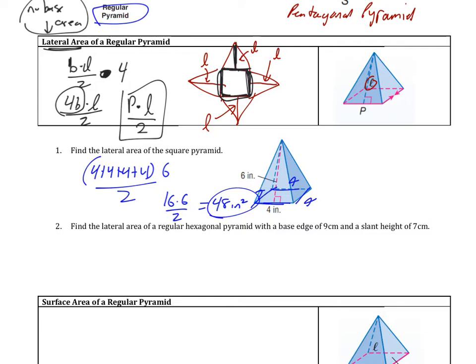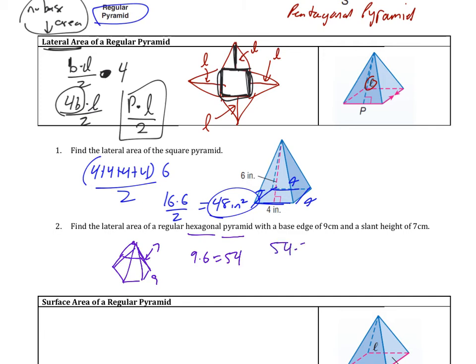Now, if I have a hexagonal pyramid, remember, a hexagon has 6 sides, the base edge of 9, and a slant height of 7. All right, so my perimeter is going to be 9 times 6, which is 54.